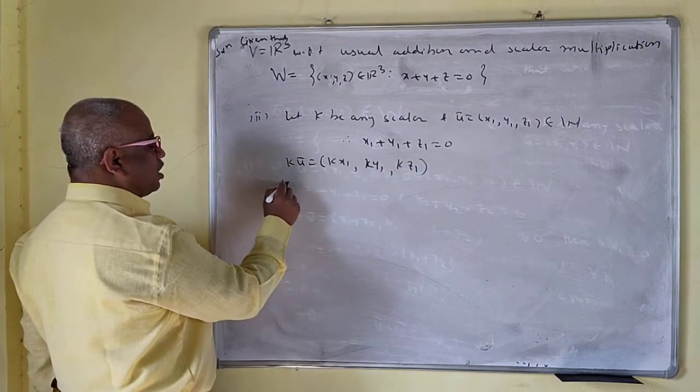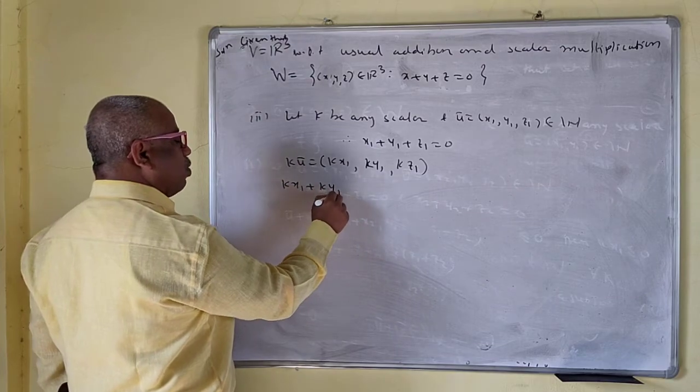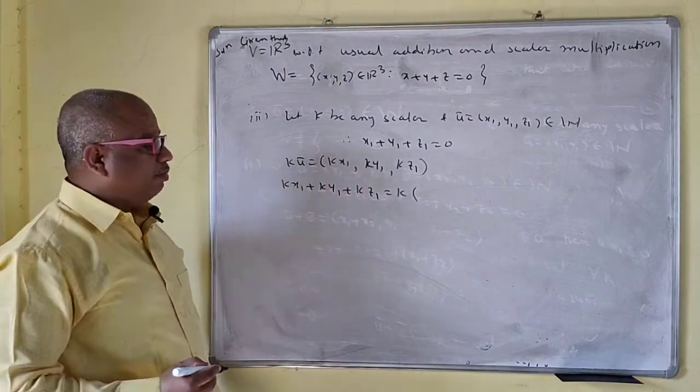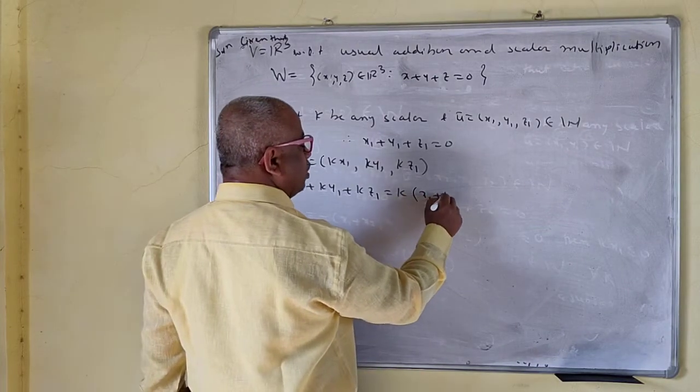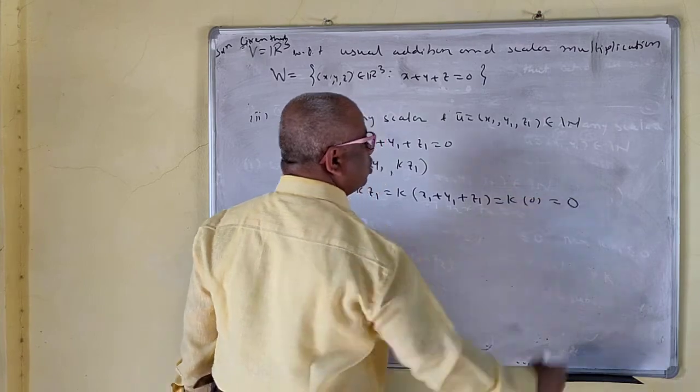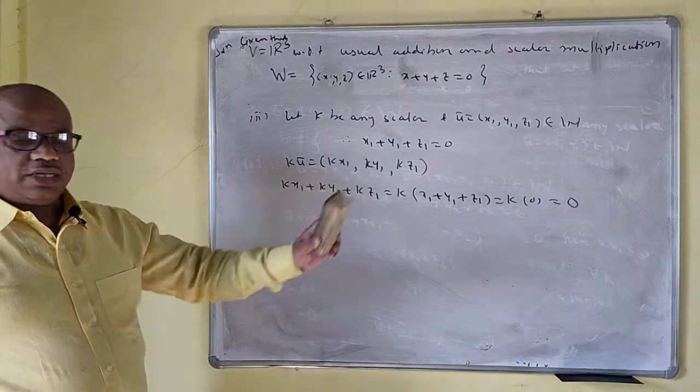Okay. So we'll find the sum of this one: K x1 plus K y1 plus K z1. K will be common, because all are real numbers. So K times (x1 plus y1 plus z1), which is K into 0. This is 0. So the sum of the coordinates is 0.